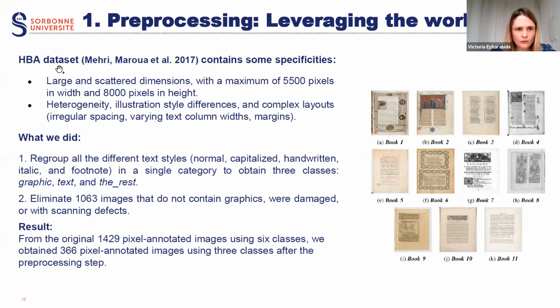So what we did with this data set is first regroup all the different texts in a single category. So we obtain only 3 classes: graphics, text, and the rest, which is the background. Then we eliminate the images that do not contain graphics, that were damaged or with scanning defects. And as a result, we obtain 366 pixel annotated images using these 3 classes.